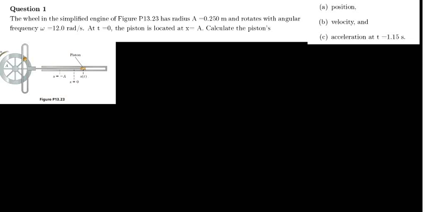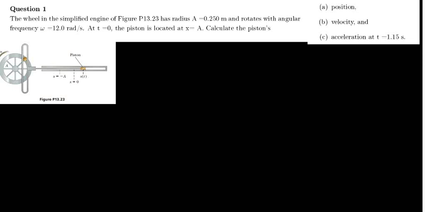At t is equal to 0, the position is located at x is equal to A. Calculate the piston's part A position, part B velocity, part C the acceleration at t is equal to 1.15 seconds.